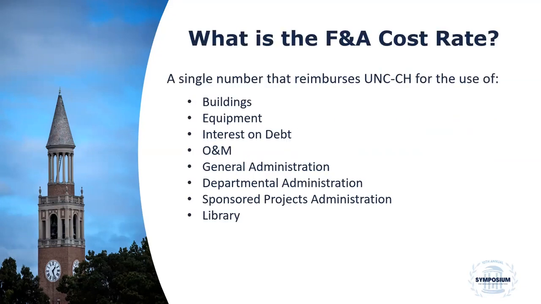And so what are really the elements of the F&A rate, or the facilities and administrative rate? That rate represents a single number that provides a reimbursement to the university for the use of our infrastructure, buildings, and equipment.